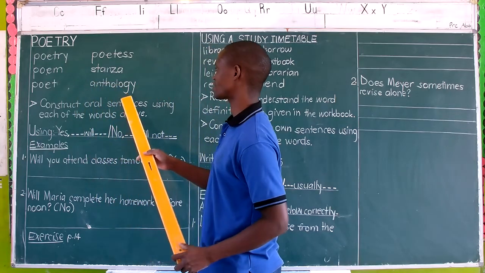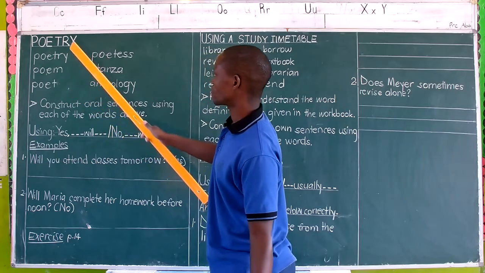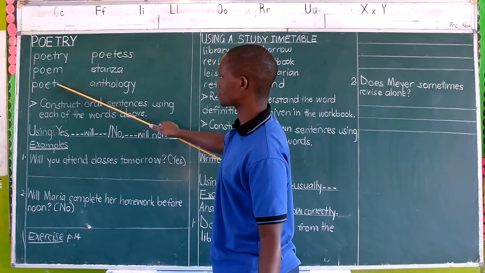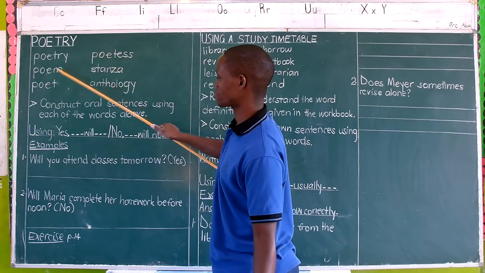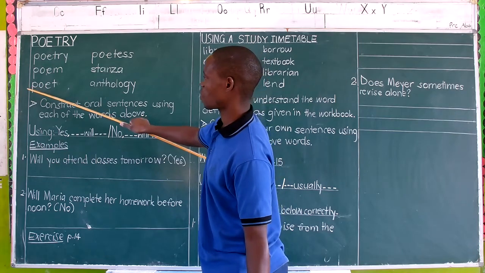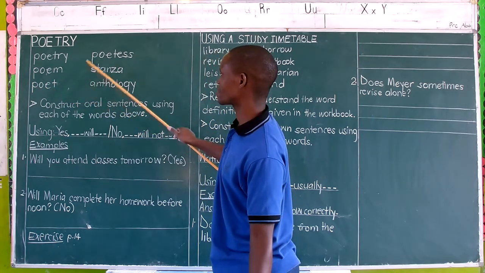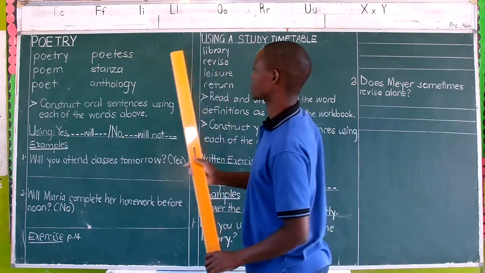So the topic is the new word we are learning about still. We have poetry, then poem, poet, poetess. This is the opposite of this. This is a man or a male person who writes poems. Then this one is a female person who writes poems, a poetess.